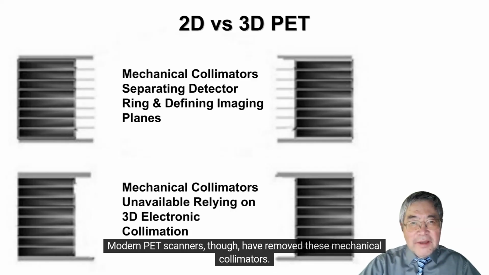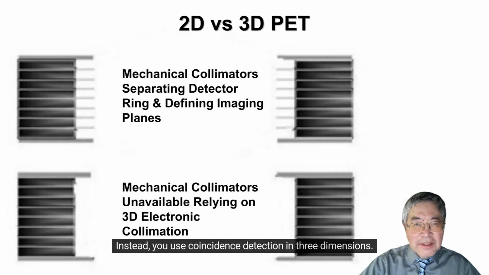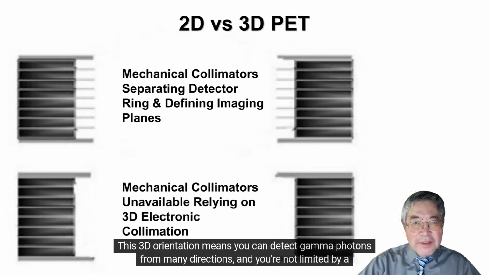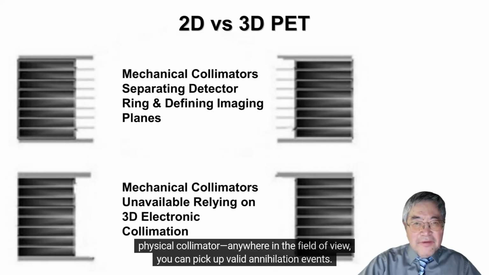Modern PET scanners, though, have removed these mechanical collimators. Instead, you use coincidence detection in 3 dimensions. This 3D orientation means you can detect gamma photons from many directions, and you're not limited by a physical collimator. Anywhere in the field of view, you can pick up valid annihilation events.